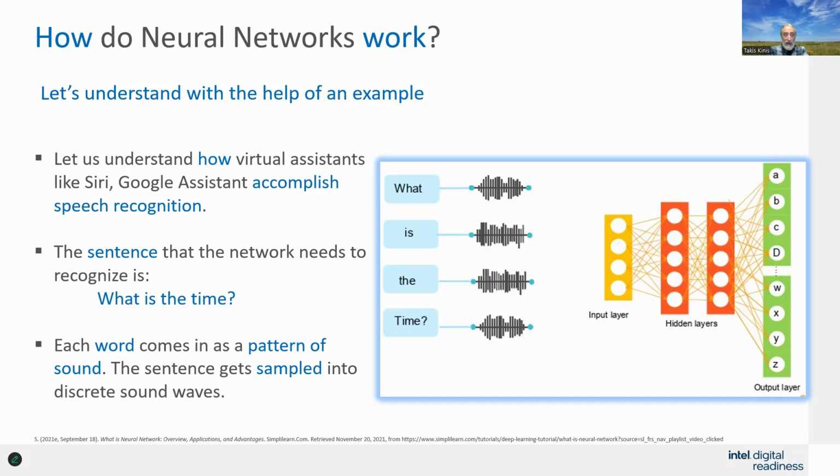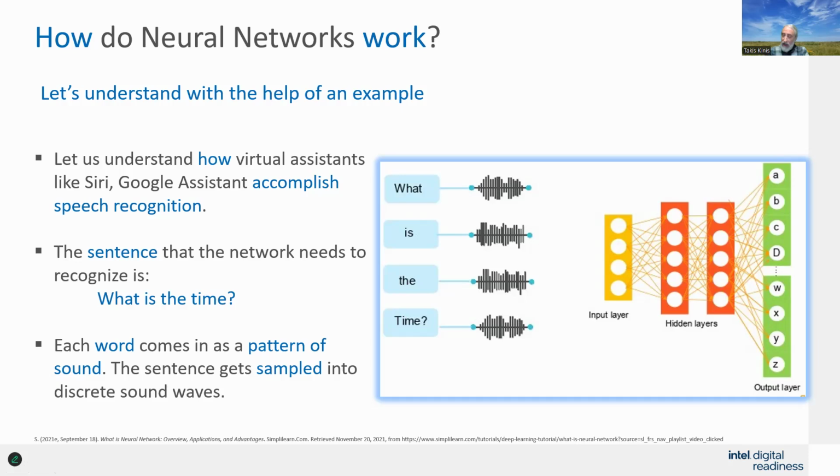So hopefully you said them clearly. And then each word in and of itself has its own pattern, which also needs to be broken down. But you'll notice there are 4 words. So we kind of have 4 inputs, and those will get processed, and then it'll break it down and give us certain outputs. And it says, so each word comes in as a pattern of sound, and the sentence gets sampled into discrete sound waves.